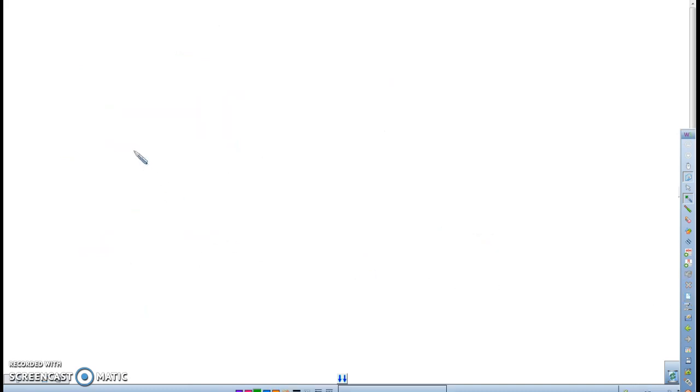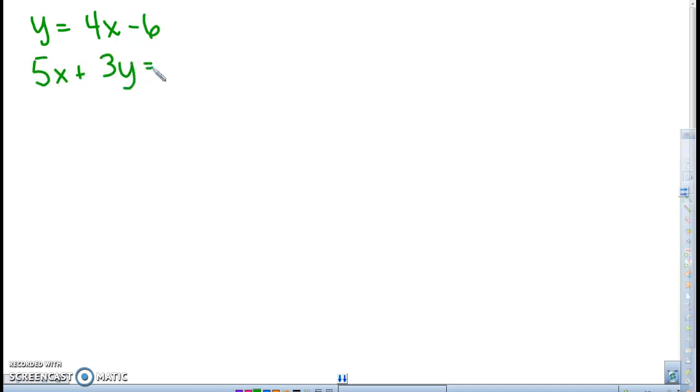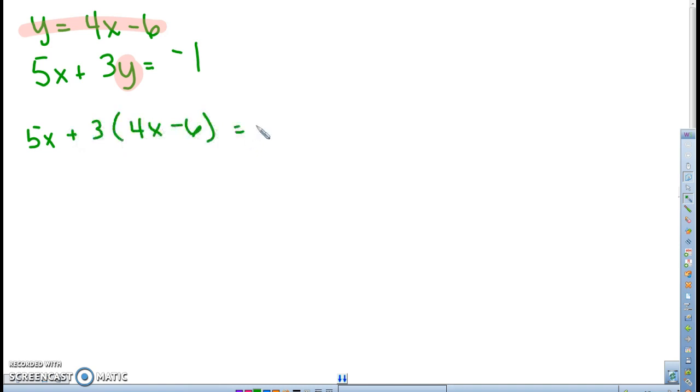Let's try another one together. We'll say y equals 4x minus 6, and 5x plus 3y equals -1. Okay? So again, I'm going to take that first equation and plug it in for y here. So that'll look like 5x plus 3 times the quantity 4x minus 6, equal to -1.